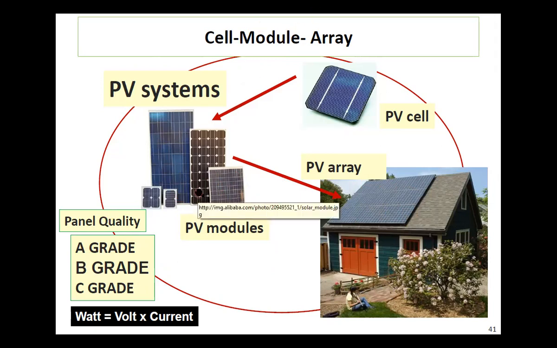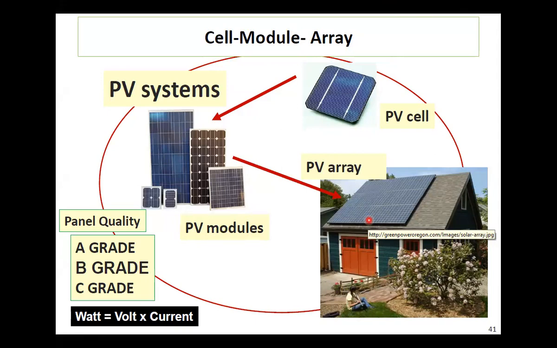Grading means how good the material used in a panel, in a cell is, and if the cell is made from refined materials, then you are going to extract maximum energy from that area in which the panel is installed.